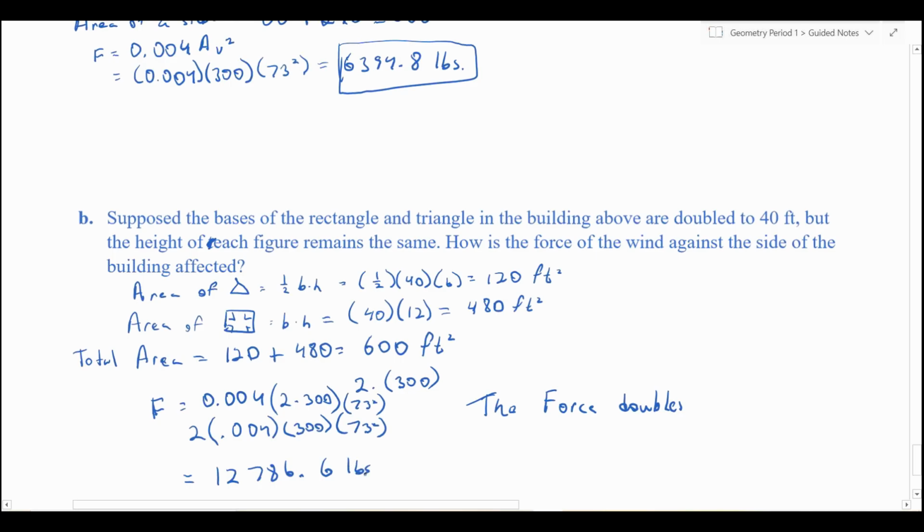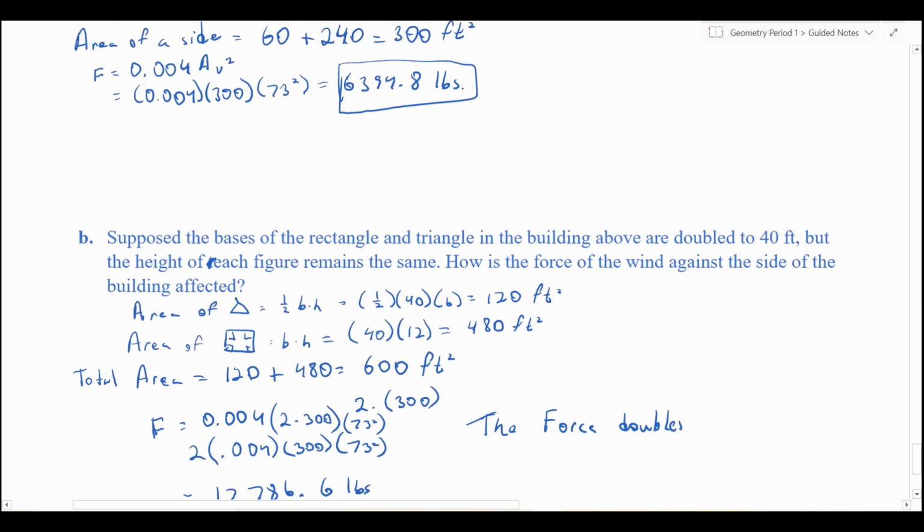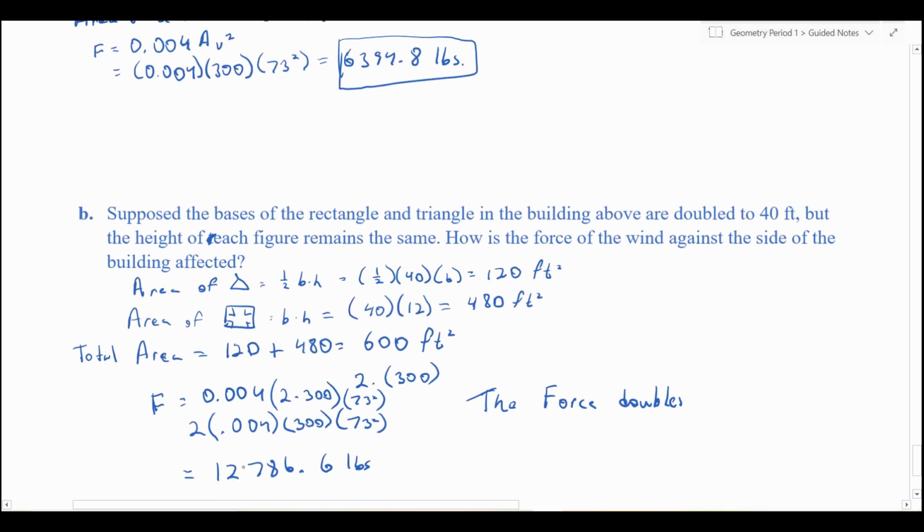So if you compare the two, if you take this number and divide it by 2, you get the 6,394.8, which coincides with the fact that it's been doubled. So that's what happens if you actually go ahead and double the base on the actual figure. The area, first of all, does double, and it does affect the force in this example.